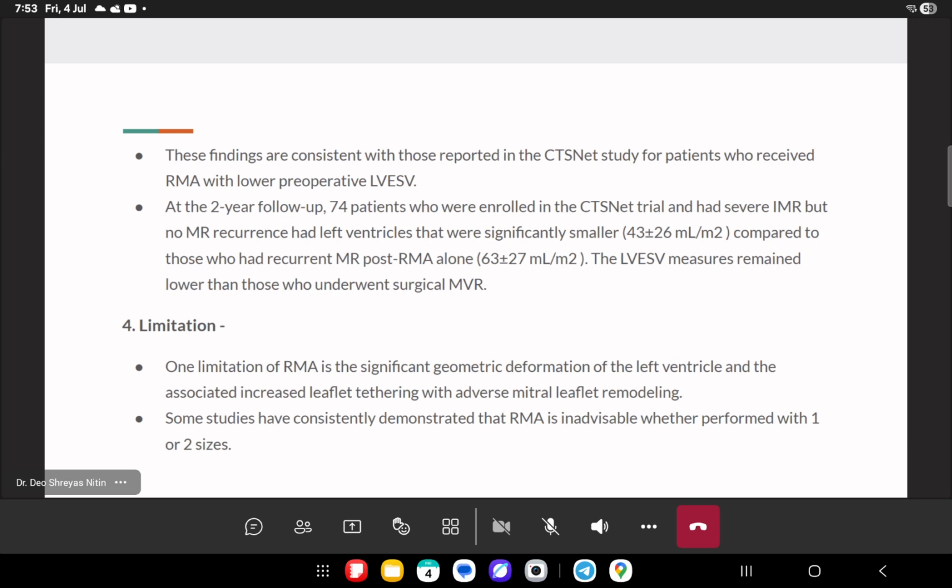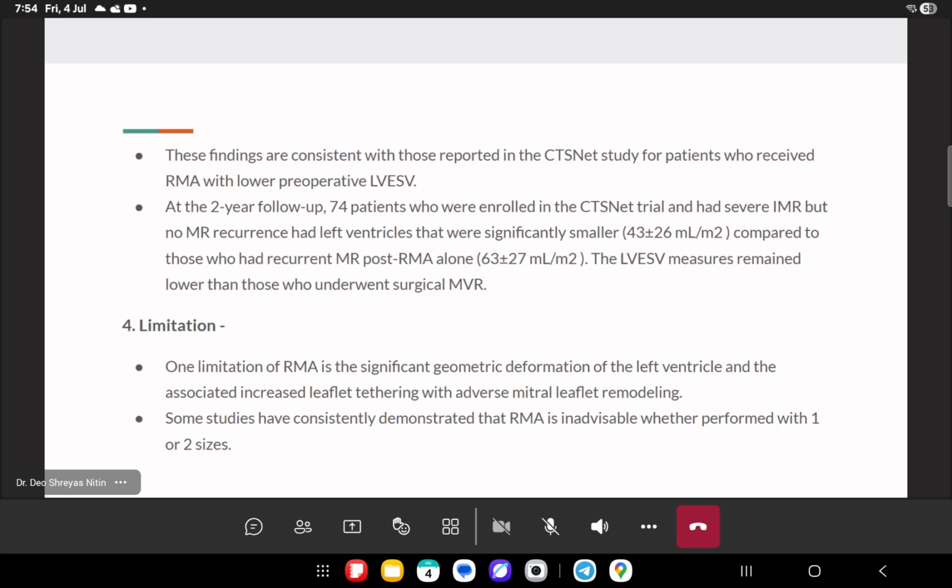At the 2-year follow-up, patients enrolled in the CTSN trial who had severe ischemic mitral regurgitation but no MR recurrence had left ventricles that were significantly smaller compared to those with recurrent MR after restrictive mitral annuloplasty alone. The left ventricular end-systolic volume measures remained lower than in those who underwent surgical mitral replacement.